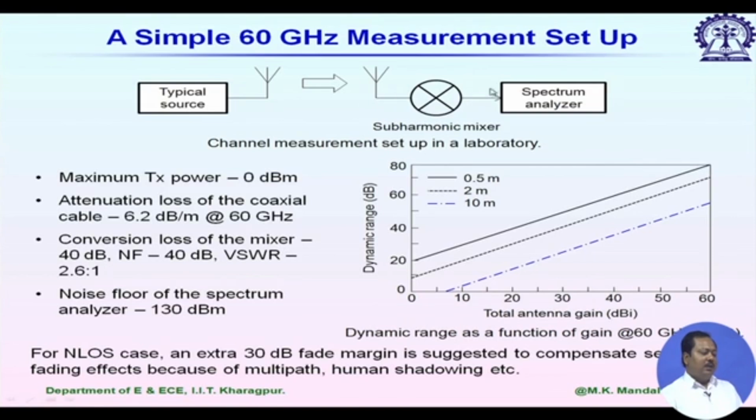So, you see in a typical system at millimeter wave frequencies, we know that the component cost is very high. So, for any given system, we try as soon as possible to down convert the frequency. Just after the antenna, it may be a band pass filter or a low noise amplifier, then we use a mixer to down convert the frequency.